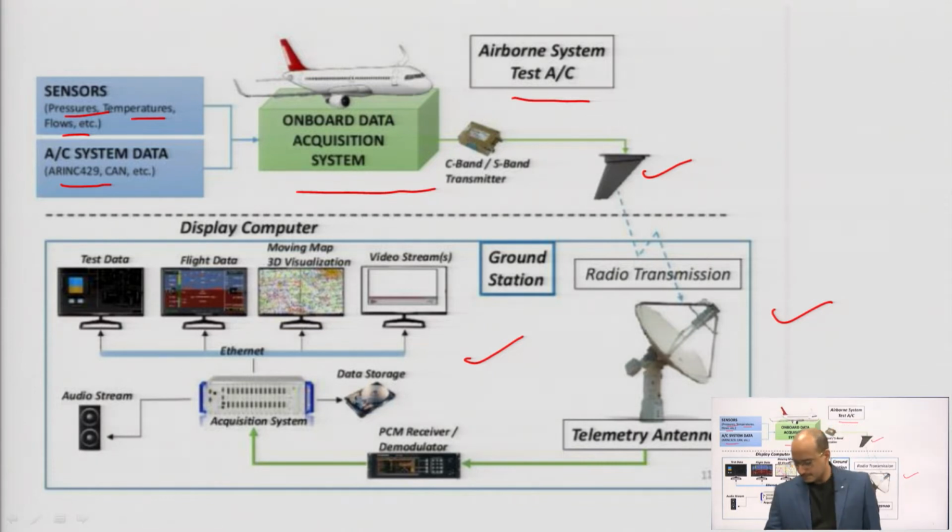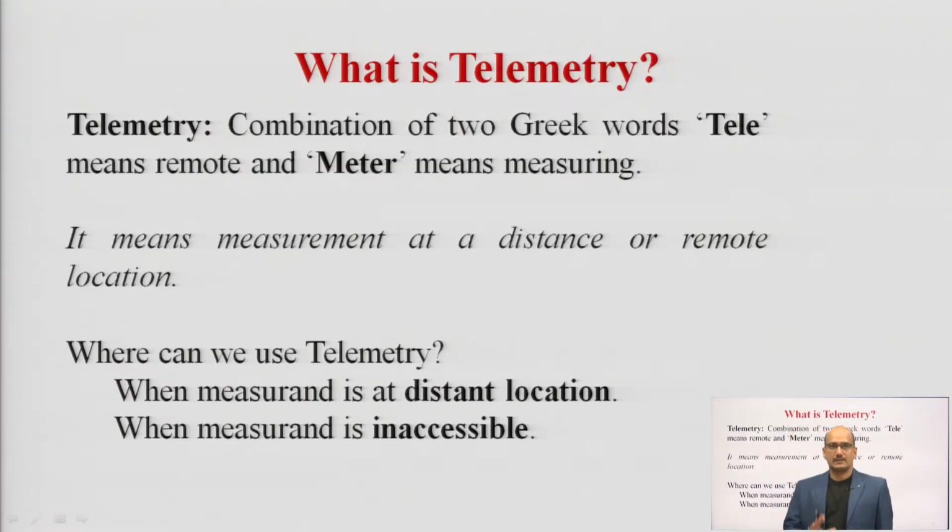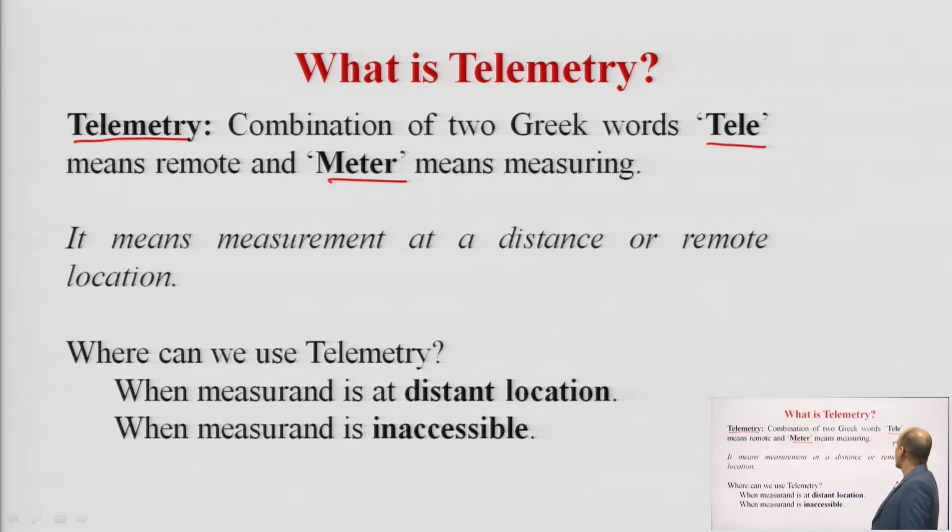Similarly, we are going to start with the definition of telemetry. In this point you can easily understand the word structure of telemetry. Basically, telemetry comes from two Greek words, tele and meter, where tele means remote place, and meter means measuring.